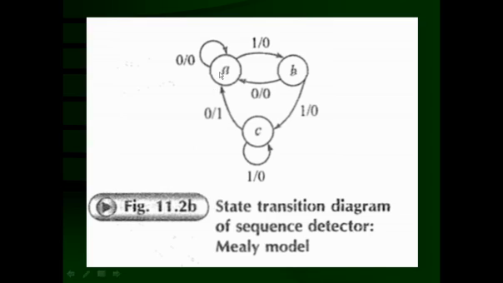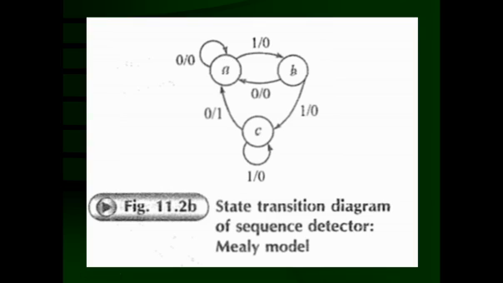Now when it is in the initial state, there are 2 possibilities for the input. X can be 0, X can be 1. If you consider that the input data coming on the first clock cycle is X equal to 0, that means none of the bits is detected and it resides in the state A only. So you can see that this arrow starts from here and comes back to the state A, which represents that none of the bits is detected.